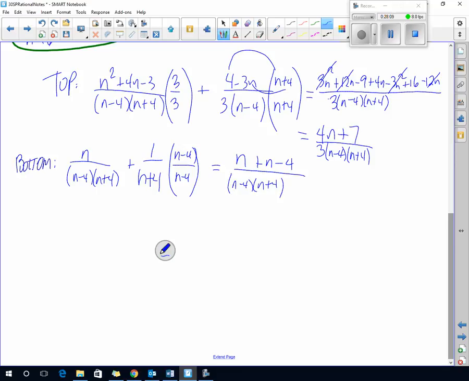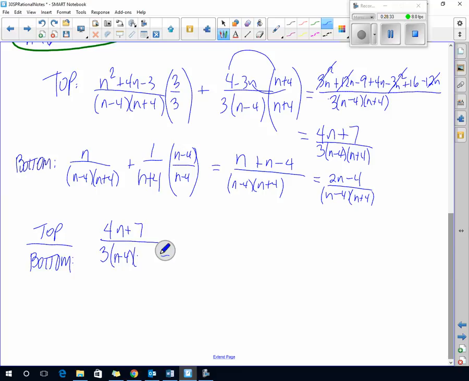So top divided by bottom. So 4n plus 7 over (3n minus 4)(n plus 4), divided by (2n minus 4) over (n minus 4)(n plus 4), or 4n plus 7 over 3, my hand's getting sore at this point, times (n minus 4)(n plus 4) over 2n minus 4.